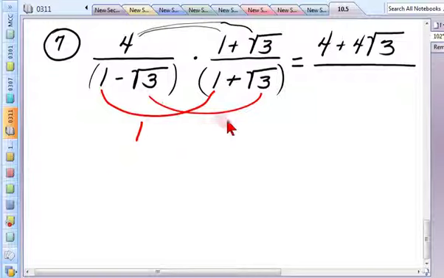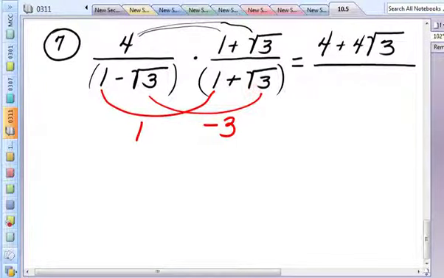It'll be negative 3. Now, let me pause for just a second and make sure that makes sense to you. Of course, the 1 times 1 is very clear, I hope. For the product of the last, it's a negative times a positive, so it's always going to be minus, and then square root of 3 times square root of 3 popped out as 3.